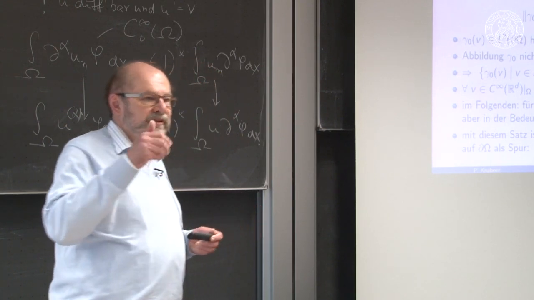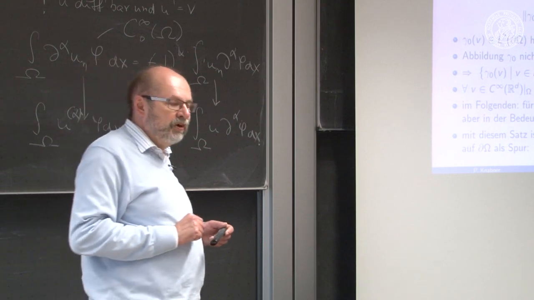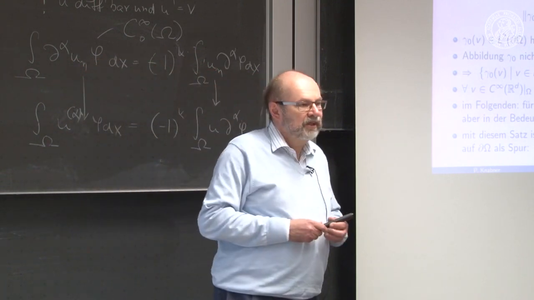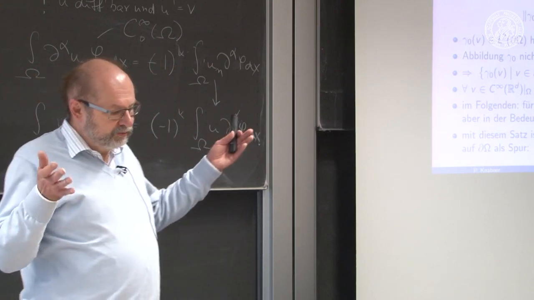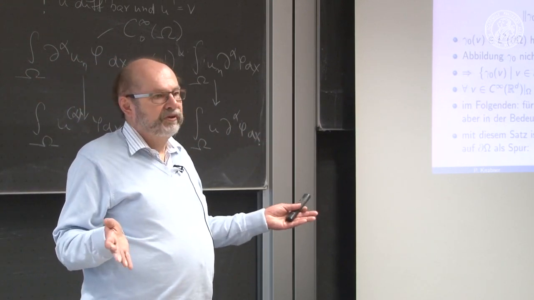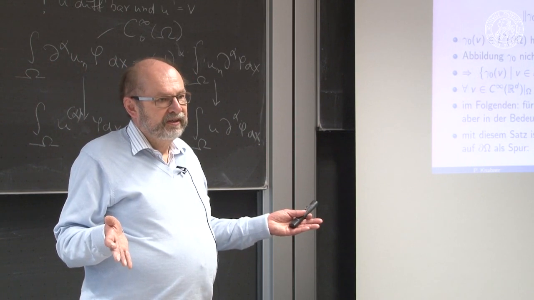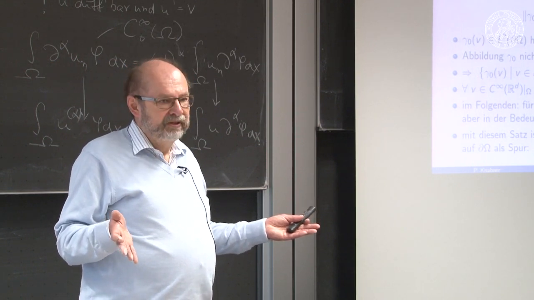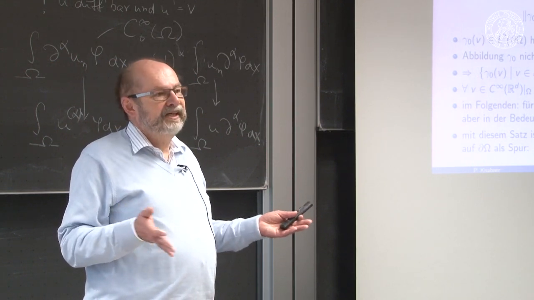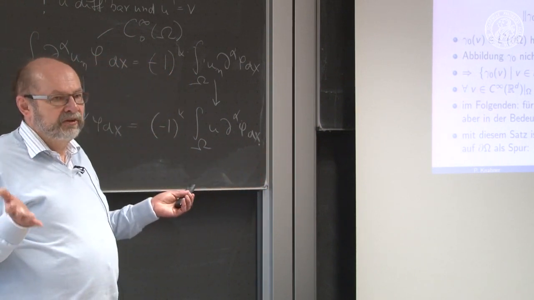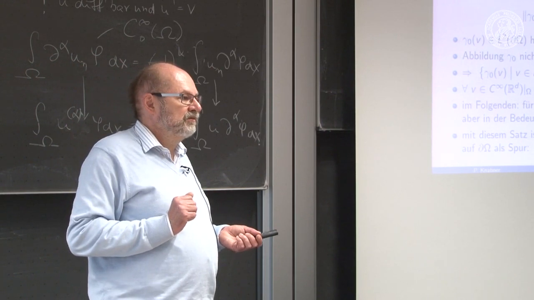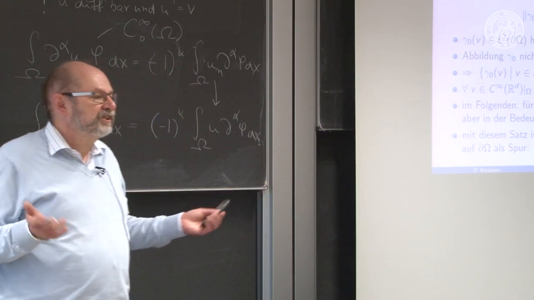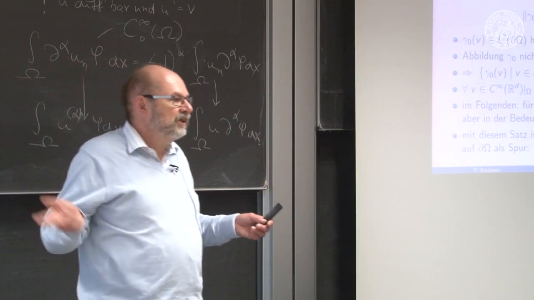And this is of importance later on for dealing with non-homogeneous boundary conditions. When we say we have a boundary value problem and we have some function which should be the boundary condition we would like to impose, then the minimal requirement, of course, is that there is an H1 function which has this boundary function as its trace. We do not want just a function, we want a solution of the PDE and so on.